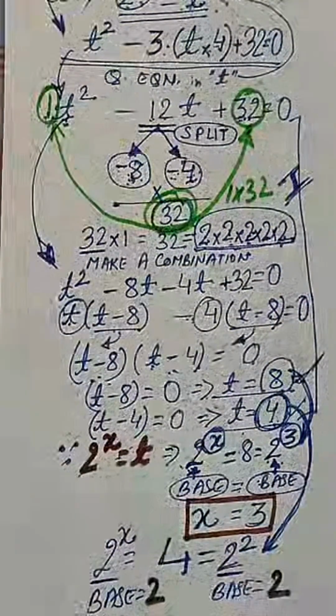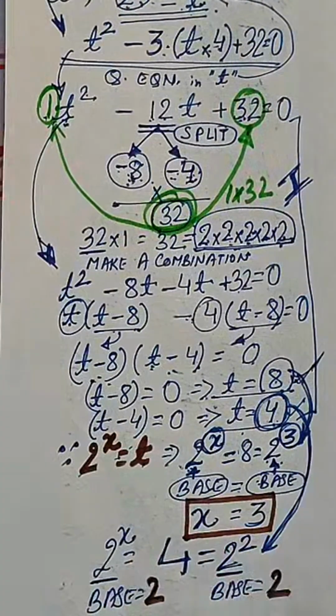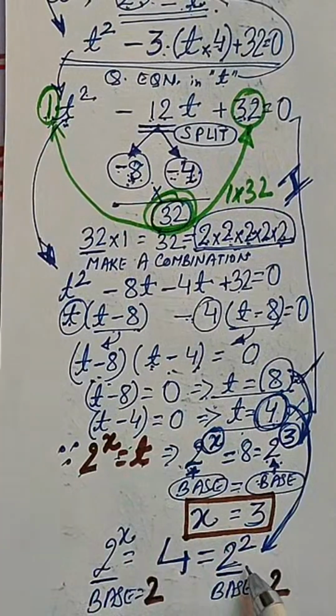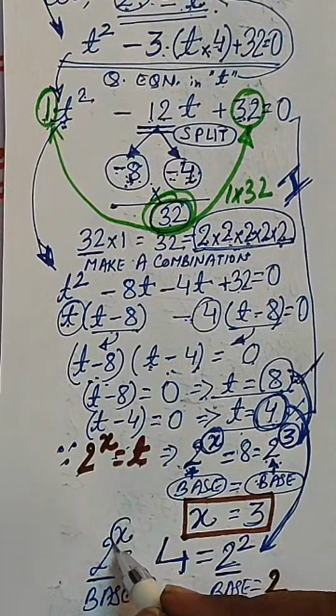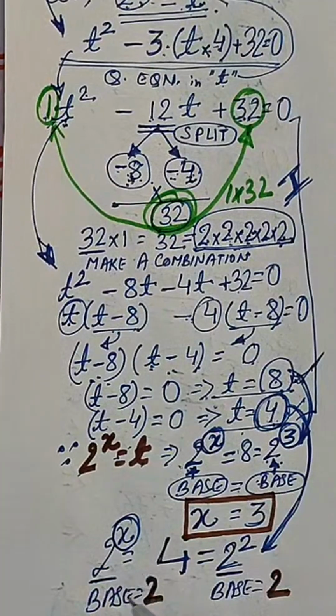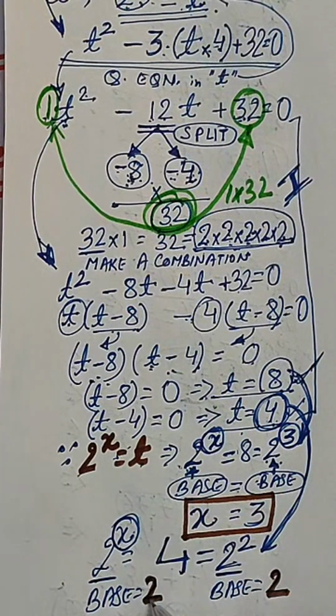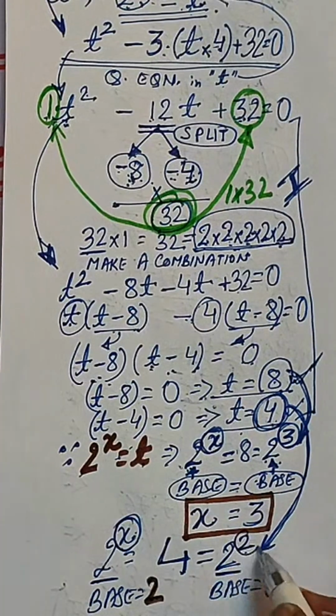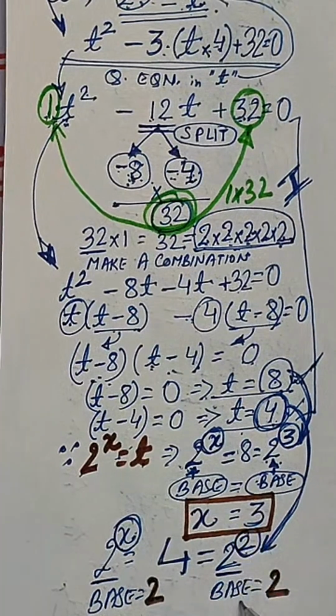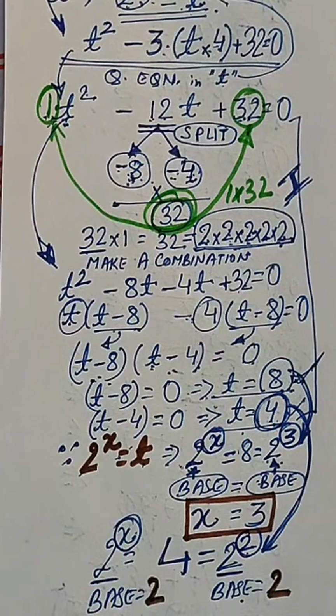If this base 2 is the same and this is an equation, then we can equate the exponents also. Then x being the exponent on the LHS of the same base and 2 being the exponent on the RHS of the same base, right?